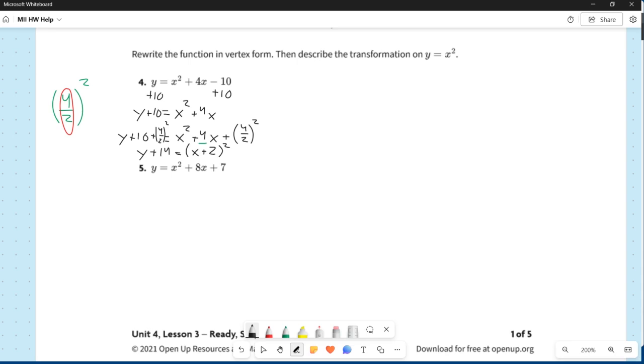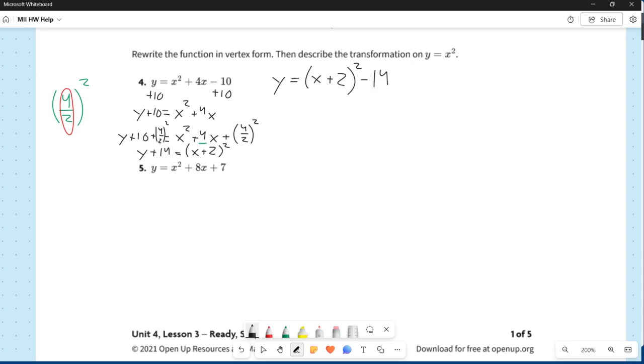And then in order to put this into vertex form, we're going to bring that plus 14 over to the right. So we're going to subtract 14 on both sides. So our answer here, our vertex form, is going to be y equals, I've got my binomial squared, x plus 2 squared. And then, again, we got rid of that 14 on the left, so it came over to the right as a minus 14.